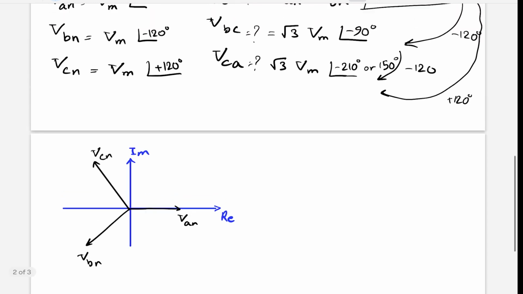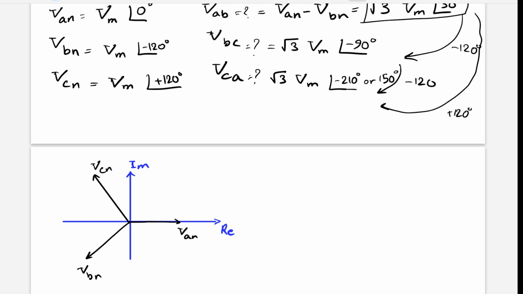What will VAB be? Well, VAB is VAN minus VBN. So minus VBN is this. If we add this and this, what will we get? Now, since this is 120 degrees, this part will be 60 degrees, right?